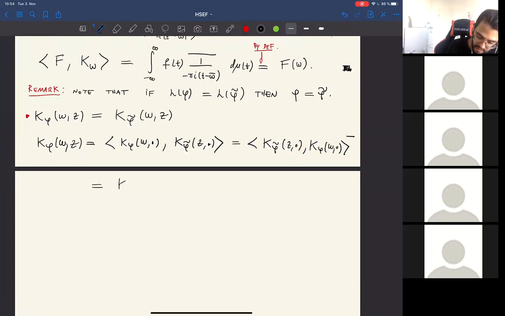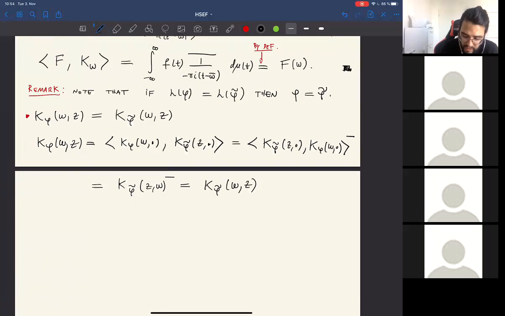So this has to be k phi tilde of z at w, everything barred. But by the formula for phi tilde, this is just k phi tilde of w z. So now the kernels have to be the same.